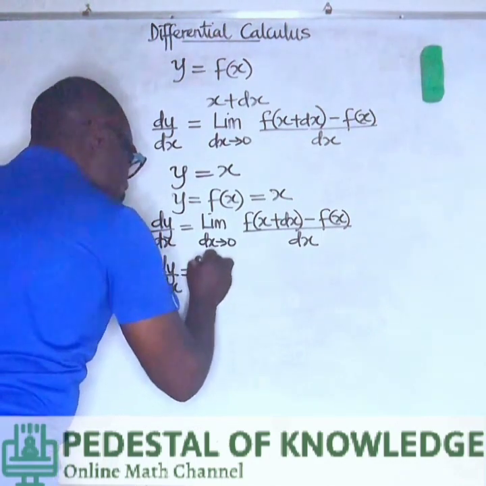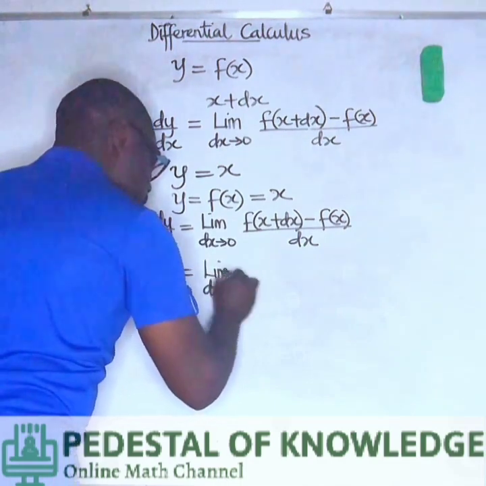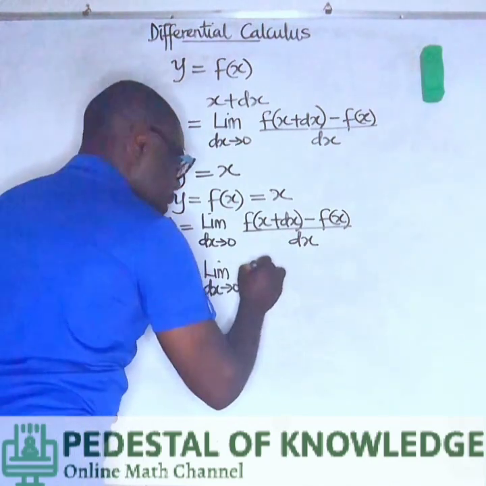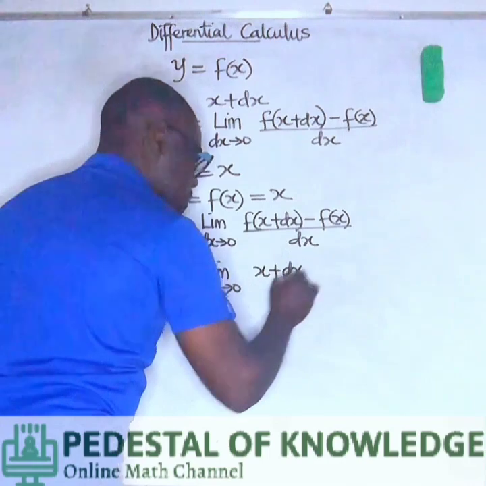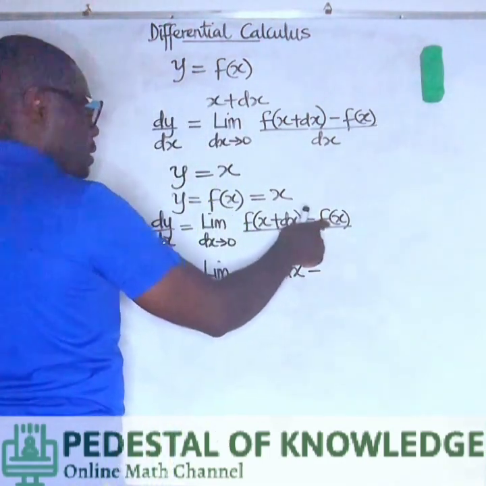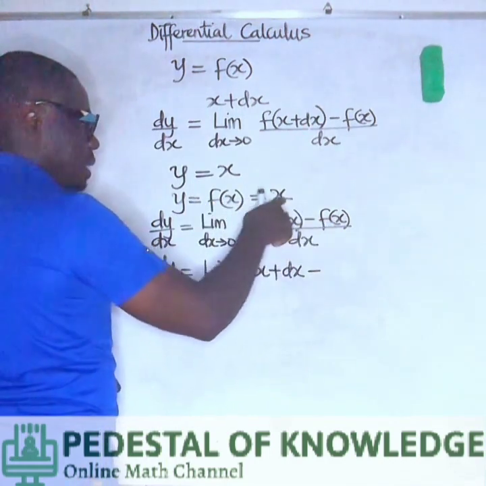So dy dx is equal to the limiting value as dx approaches 0 of x plus dx minus, remember that f of x is already given to us as x, so we're going to replace f of x with x.